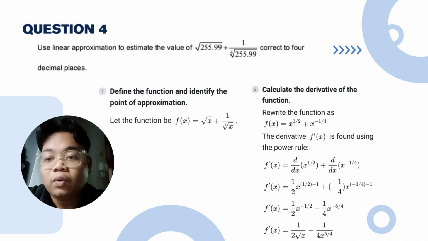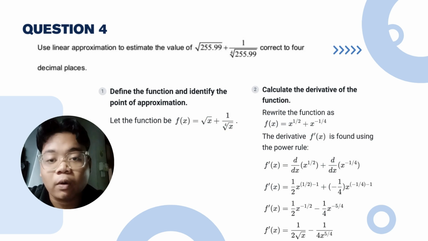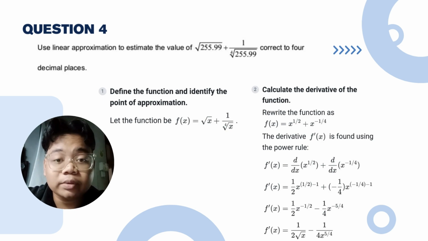For the derivative, we use the power rule: f prime(s) equals d over ds of s to the power of 1/2 plus d over ds of s to the power of negative 1/4, and we get f prime(s) equals 1 over 2 square root of s minus 1 over 4 s to the power of 5/4.